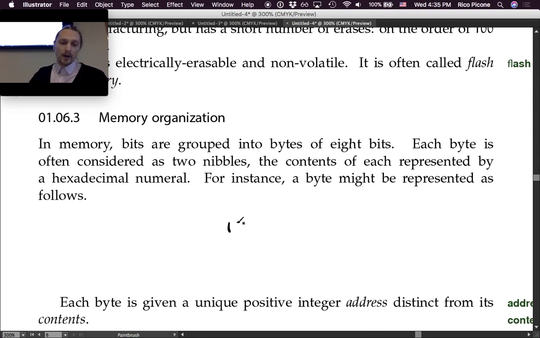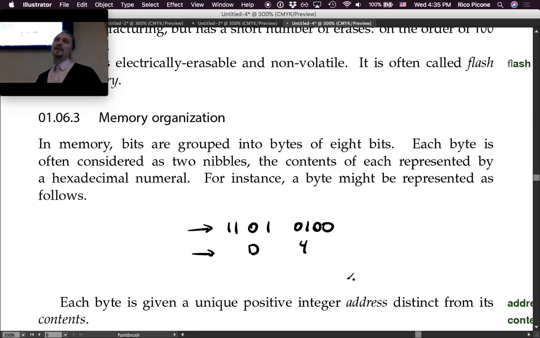So 1, 1, 0, 1, 0, 1, 0, 0, with the nibbles a little bit of room between them. And we would say, oh, well, this over here in hex is D, and this over here in hex is 4. So you could represent the byte of memory in binary like this, or you could represent it as hex, which is probably more common to see.